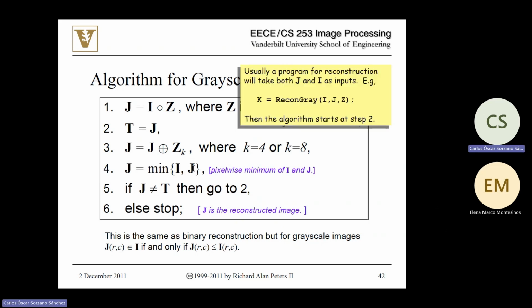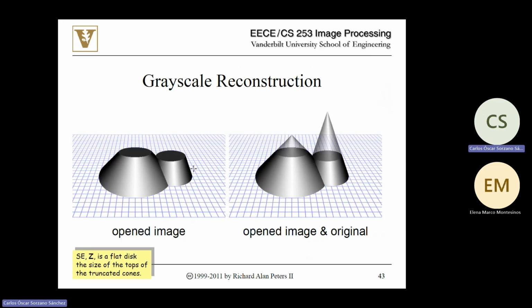Okay, so let's see how it works. Let's say that we start with this opening, and then we have the opening and the original. And this is the reconstructed image. So you dilate, then you compute the minimum between the dilation and the input image, and then you dilate again.